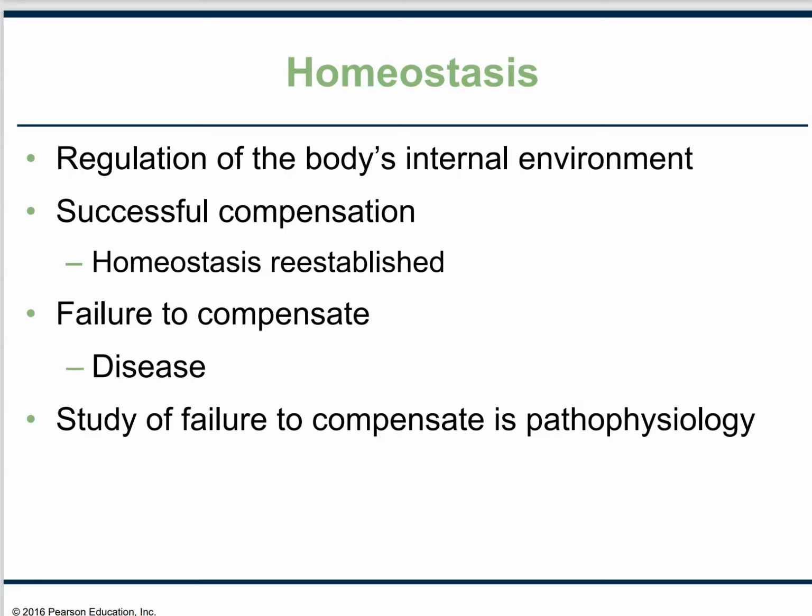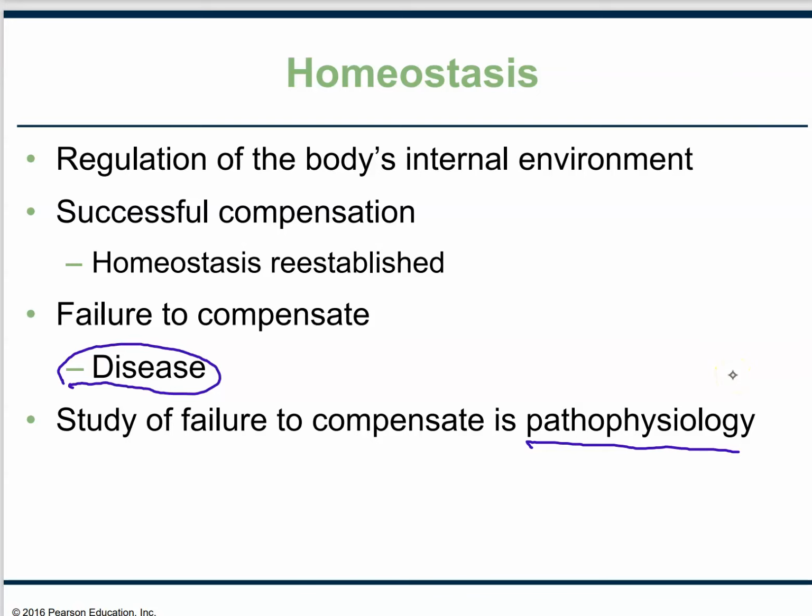So you will see as we go through this course that homeostasis will follow you, and it's the way of your body to keep you within a normal range. Now, if homeostasis fails, then you're going to end up with disease or some sort of pathophysiological situation. So that would be the study of pathophysiology.